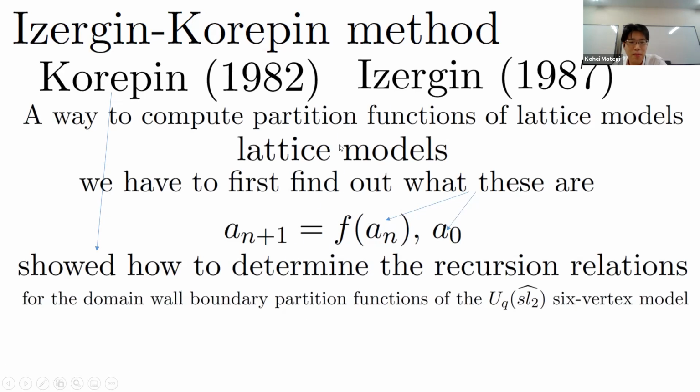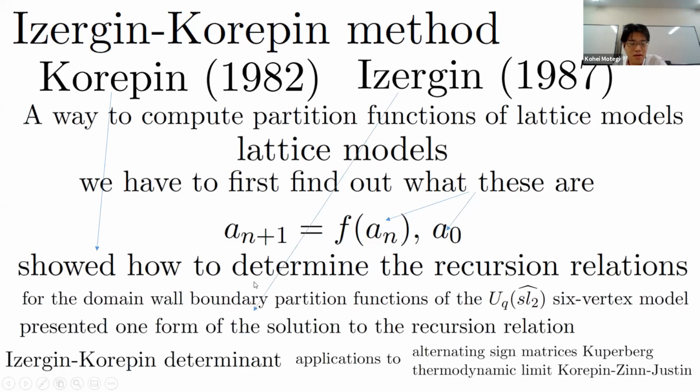What Izergin did was solve this sequence, and he presented one form of the solution to this recursion relation. He found a determinant representation for the solution, and it's now called the Izergin-Korepin determinant.